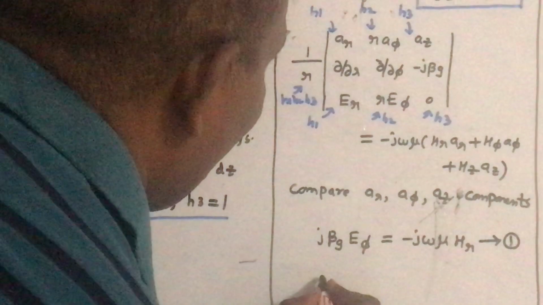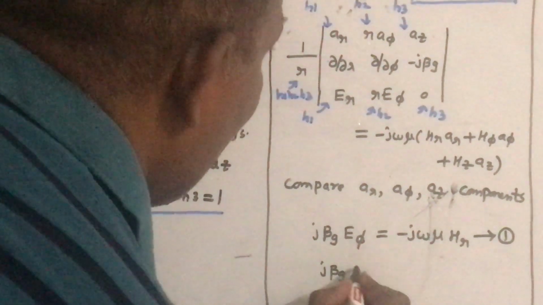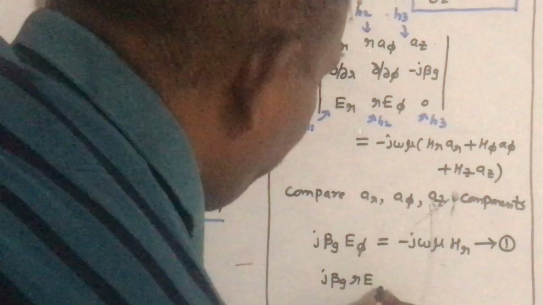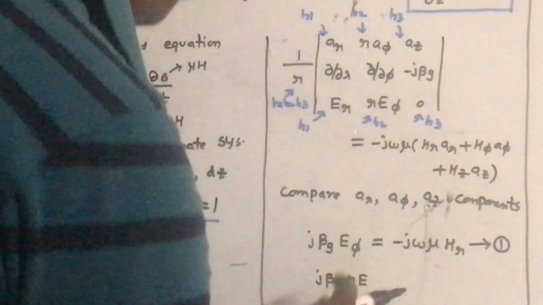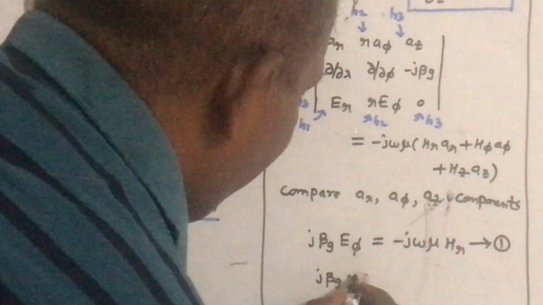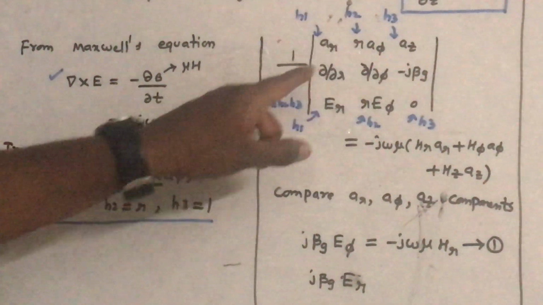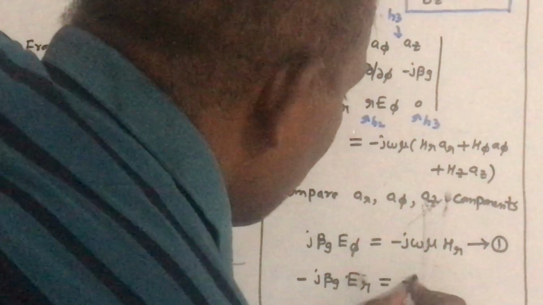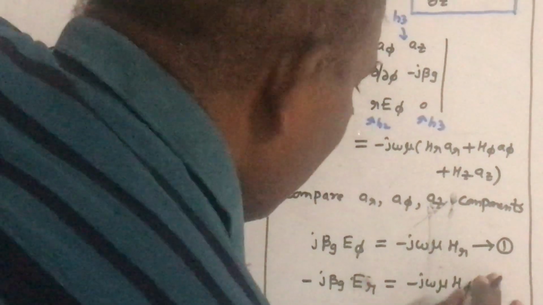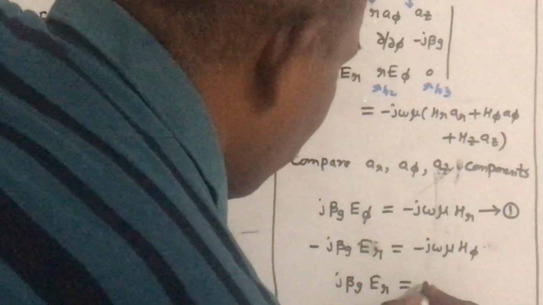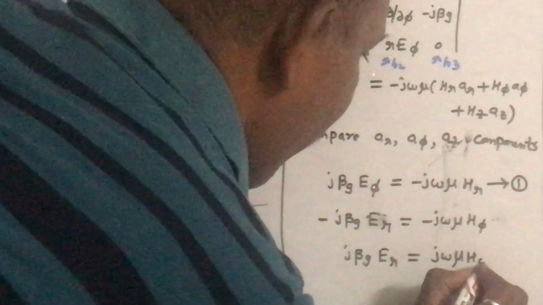By comparing the a_phi components, we can write j beta g E_r, with the minus sign kept, equal to minus j omega mu H_phi. Now cancel out the minus sign, so therefore j beta g into E_r is equal to minus j omega mu into H_phi. Say this is equation 2.